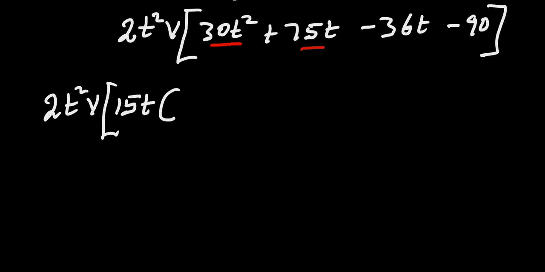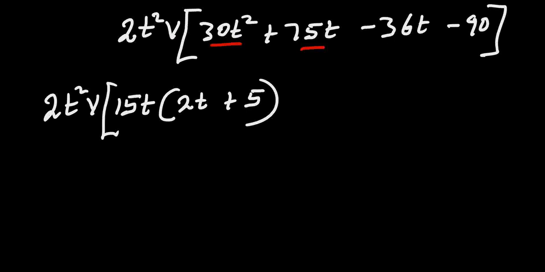Just open parentheses and divide each term by 15t, and this is going to give us 2t. So 30t squared divided by 15t gives us 2t, and 75t divided by 15t will give us 5.